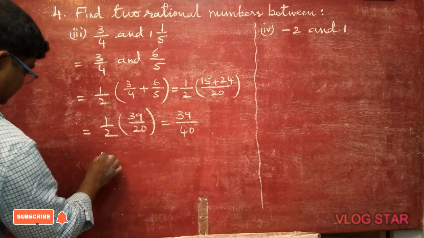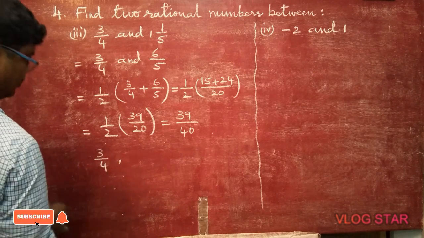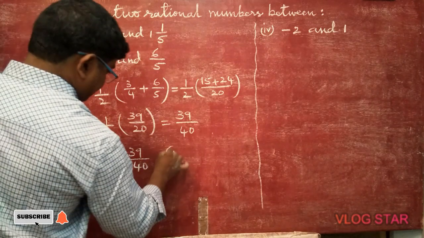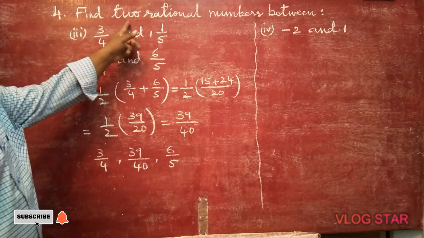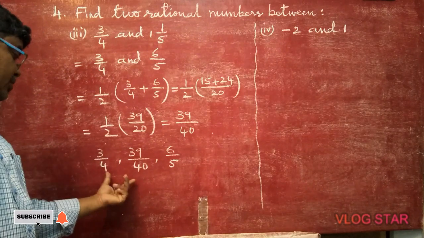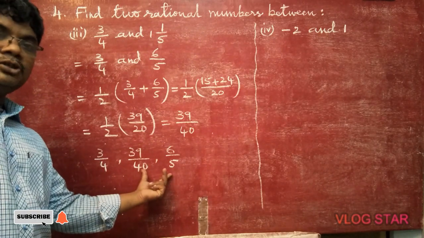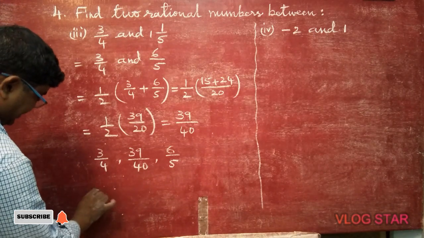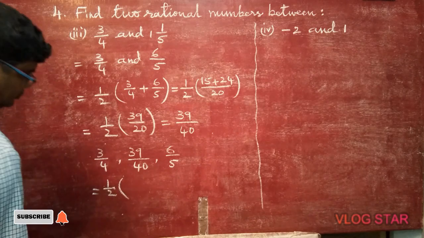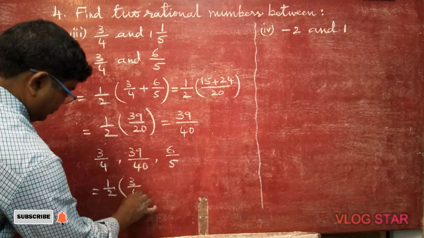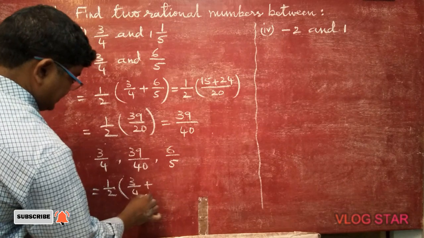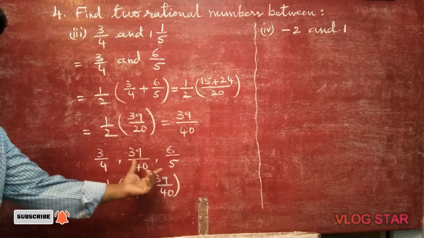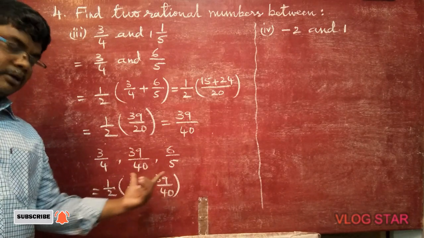So one fraction we got: 3 by 4, 39 by 40, 6 by 5. They are asking for two rational numbers. We got one. Now you take either these two or those two. Your choice. Now I am taking again half of 3 by 4 plus 39 by 40. Take these two, no problem.